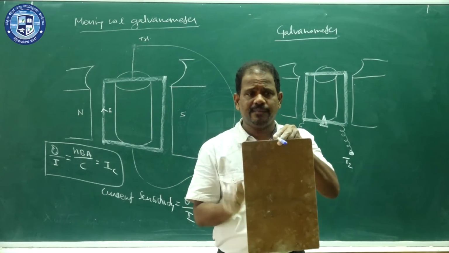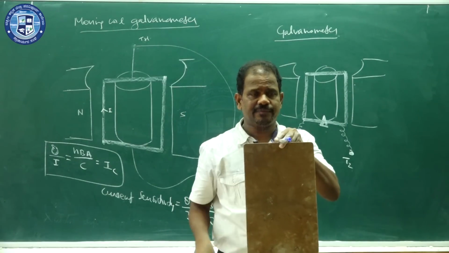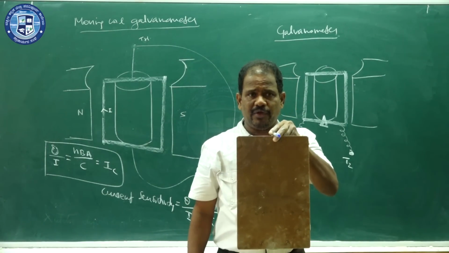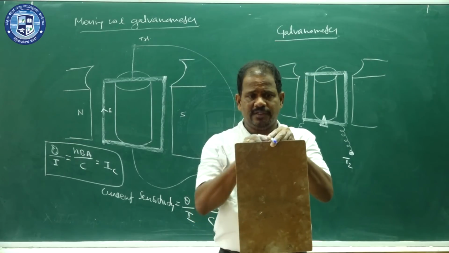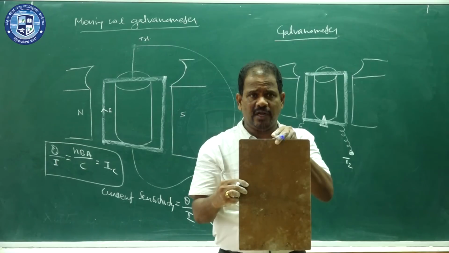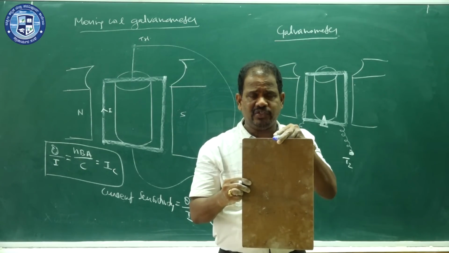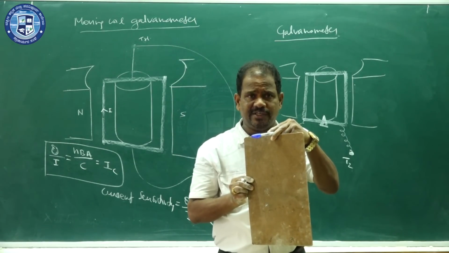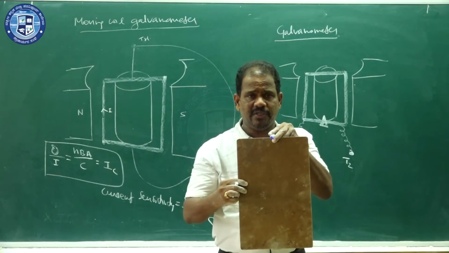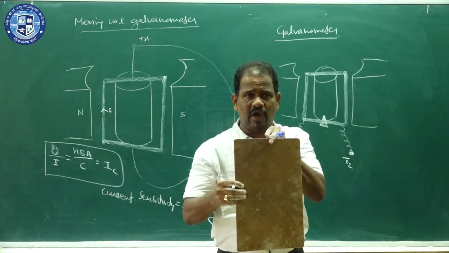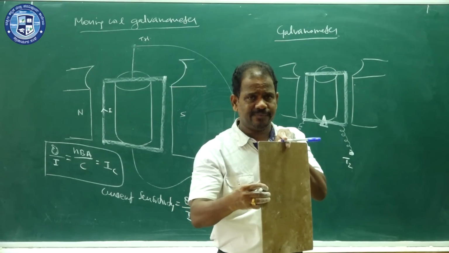And here there is a semicircular scale. When you are not passing current, the needle shows 0. When you pass current, the coil turns and the needle shows different readings. When you release the current, the coil comes back to its original position and the needle shows 0. When you reverse the current, the coil goes in the other direction.